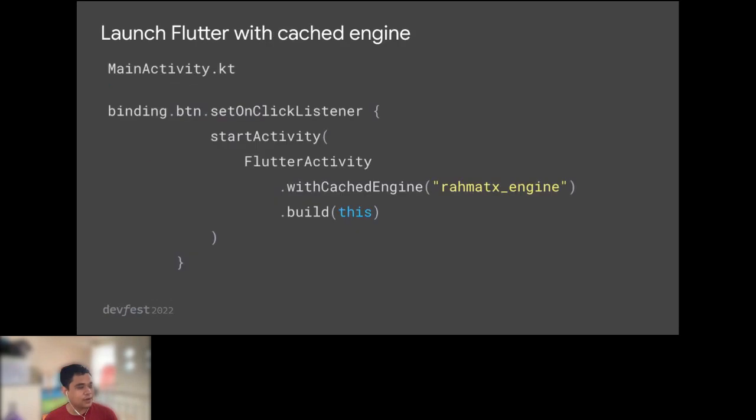And after that, when we want to trigger our Flutter code with the pre-created, or cached, engine, we could simply build the intent with some code like this: Flutter activity with cached engine, and then build it to get the intent.